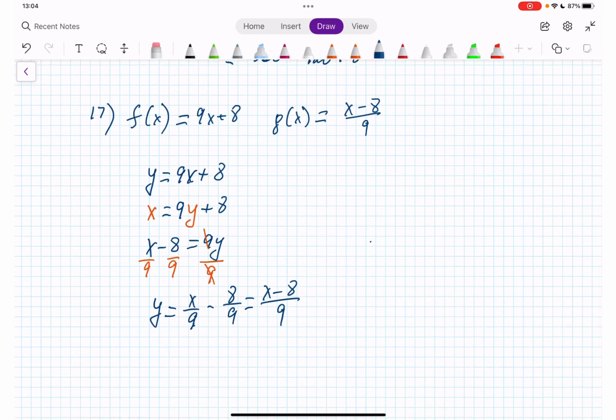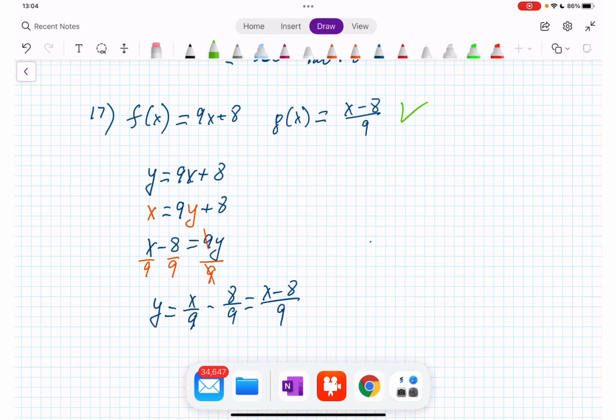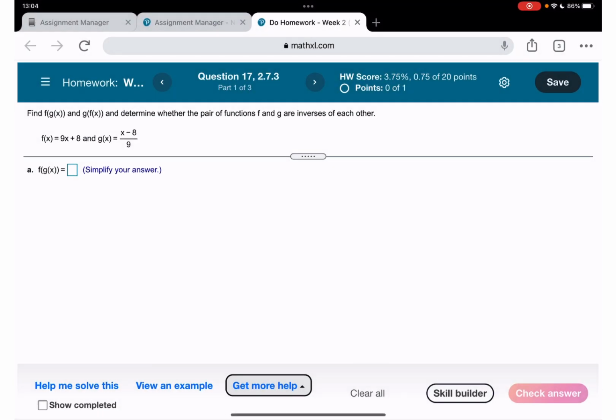I got the same thing, right? Which means these two are inverses of each other. We have to mark down that yes, they are inverses.